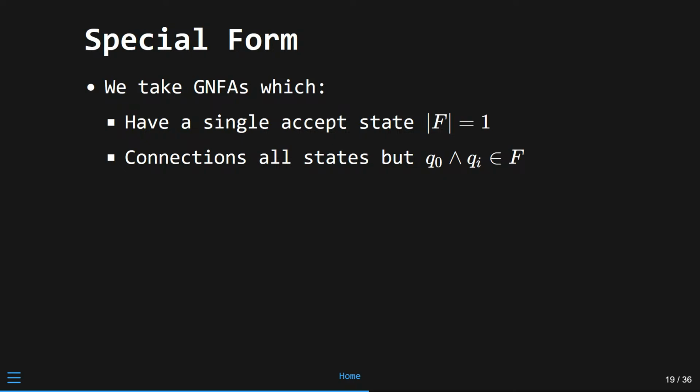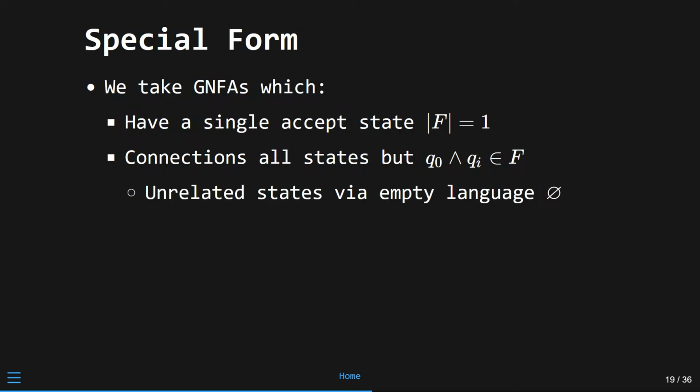So if we have 4 states, they're all connected. Each state is connected to all of the other 3 states. That's all. And how do we deal with that? Well, if there's not supposed to be any edge there, we just put the empty language on there, and then absolutely nothing can go along that edge. So what this means is we now get to assume there's edges or not.